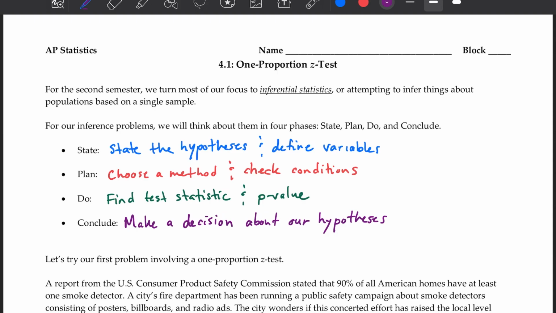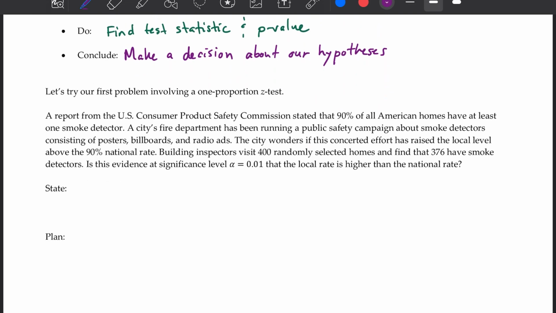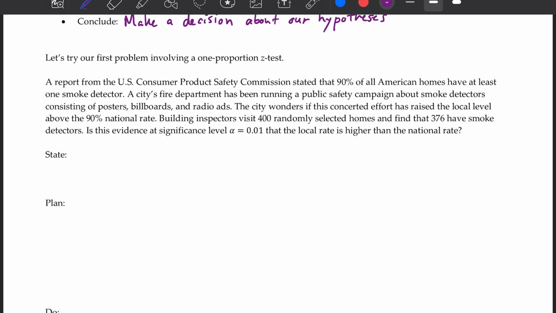So we're going to do our first problem here involving this exact Z-test. So here we go. We got a report from the U.S. Consumer Product Safety Commission stating that 80% of all American homes have at least one smoke detector. A city's fire department has been running a public safety campaign about smoke detectors, consisting of posters and billboards and radio ads. The city wonders if this concerted effort has raised the local level above the 90% national rate.